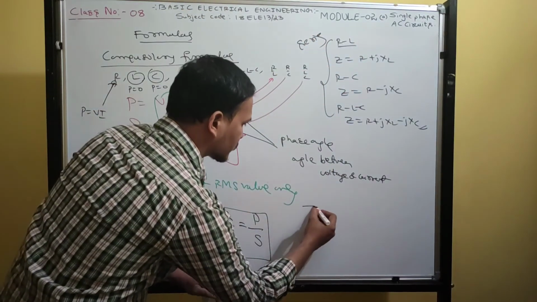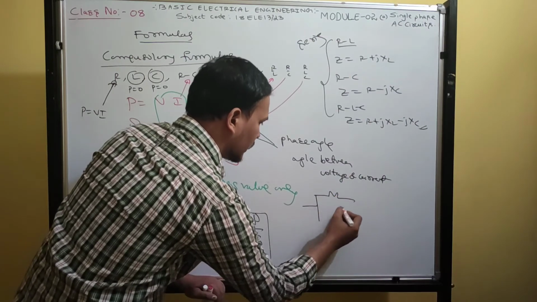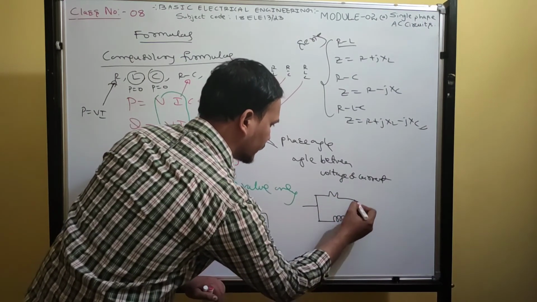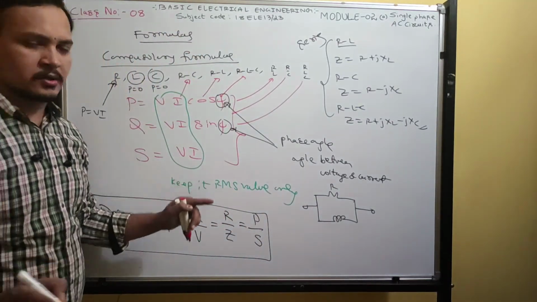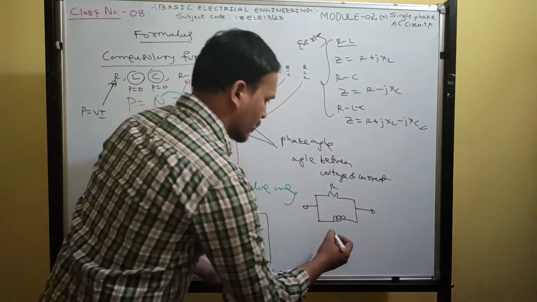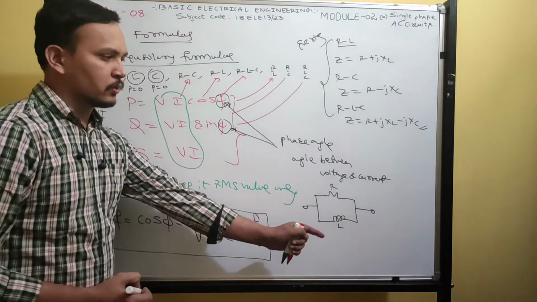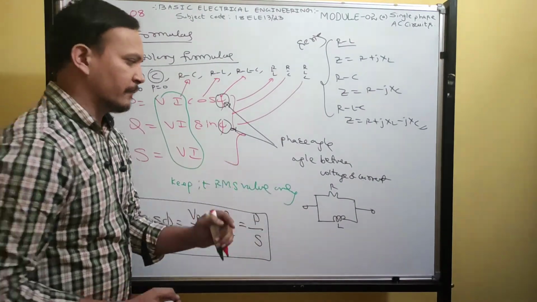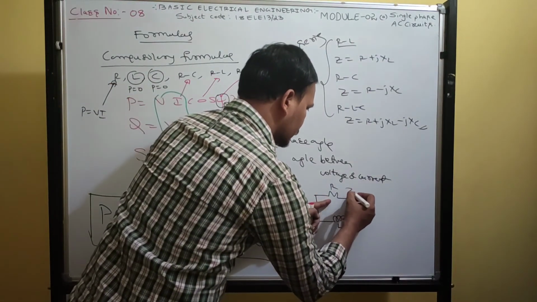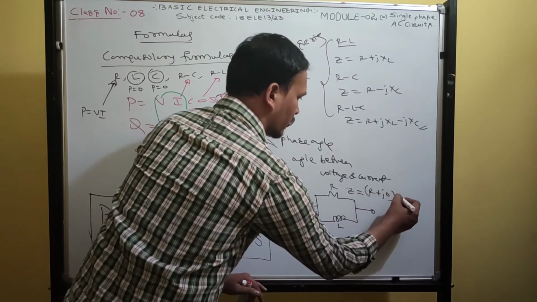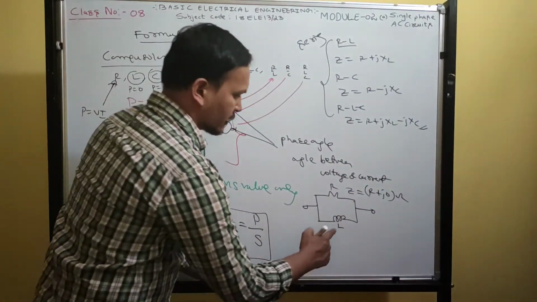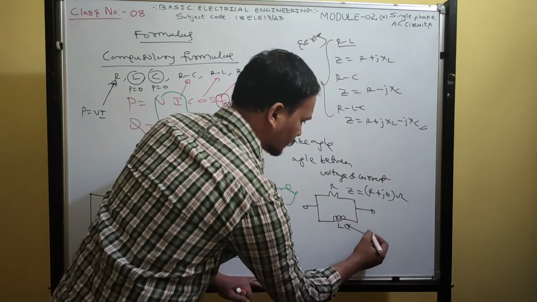If it is asked in parallel, actually I should teach the admittance concept. Don't mess up with a lot of concepts. Follow any one method. Now R and L, you have to represent in impedance only. What is the impedance for resistance? R plus j0. Then what is the impedance for inductance?